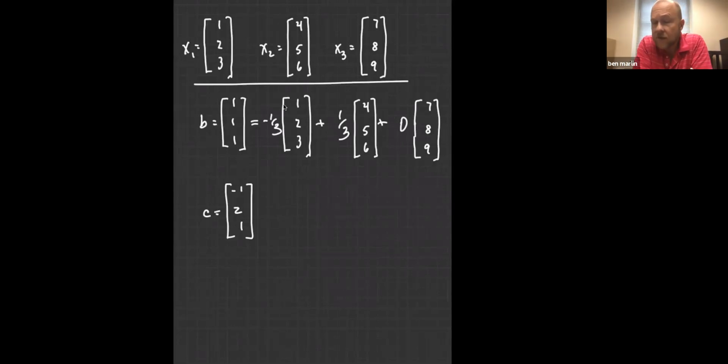Okay, so that says we can express 1, 1, 1 as a linear combination of those 3 vectors there. But it's going to turn out that if we try to do that for this other one down here, we won't actually be able to do that.